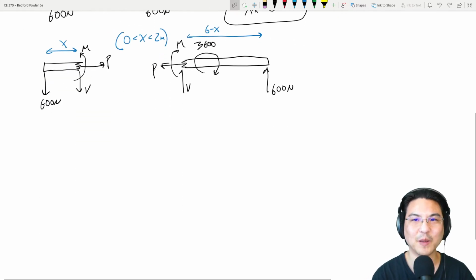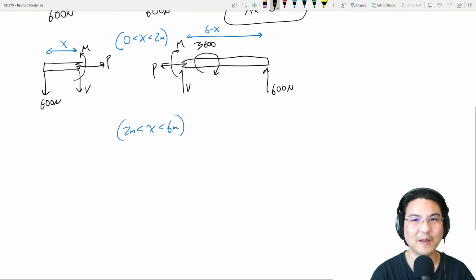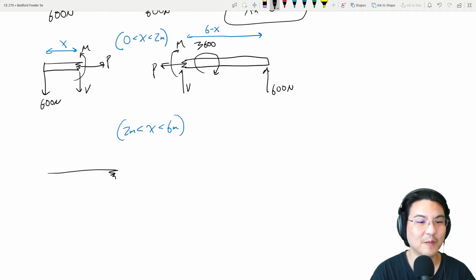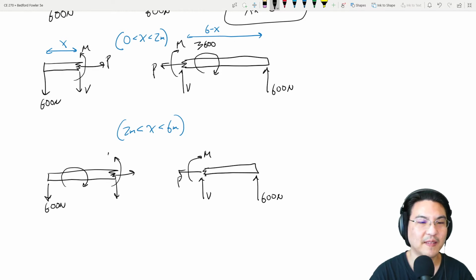If we cut the beam between 2 and 6 meters, the left section would look like this. And the right section would look like this.